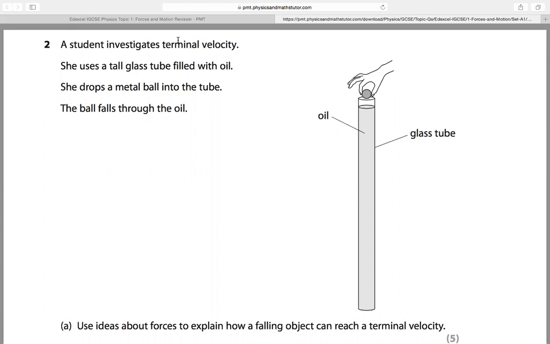Okay? So you are in constant speed. Because you're a free falling object when you're jumping out of the plane, right? And then you reach a point where all the forces around you are balanced. So you reach your terminal velocity. So it's basically you're moving at constant speed with no further acceleration as well.